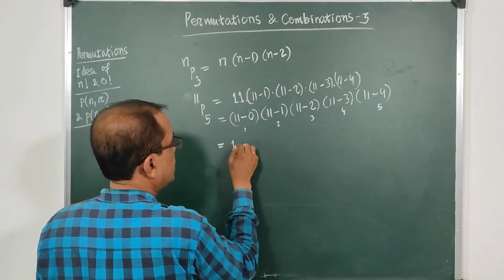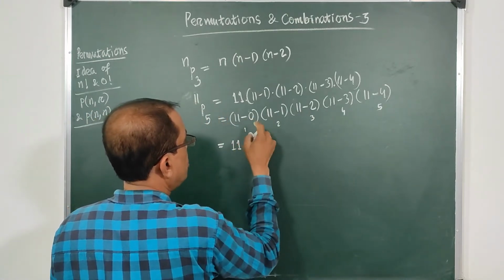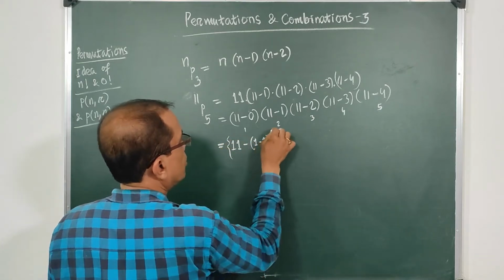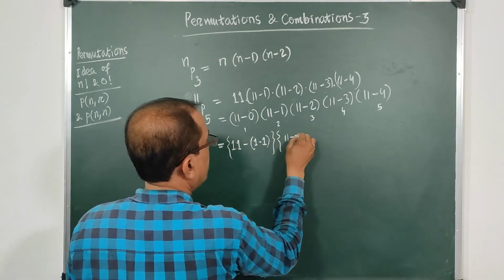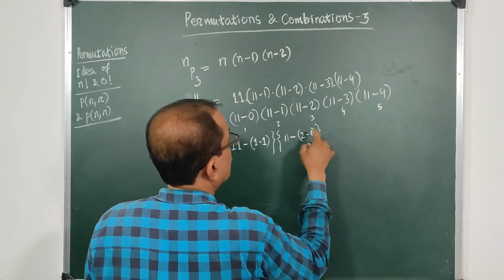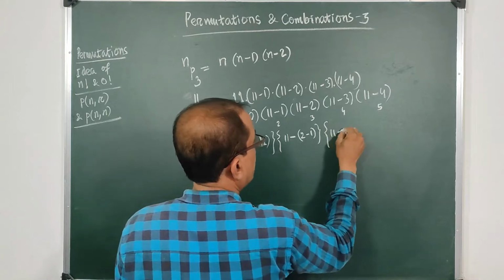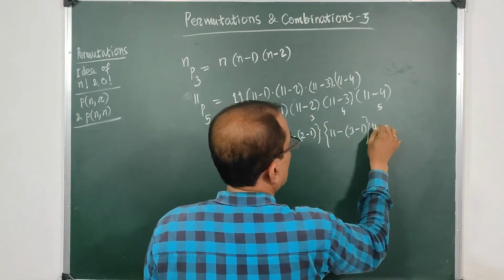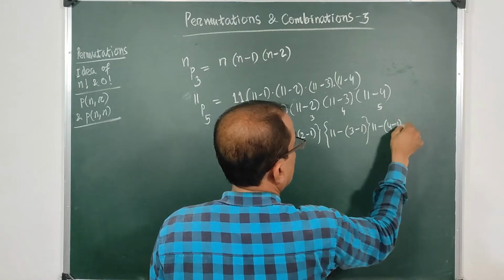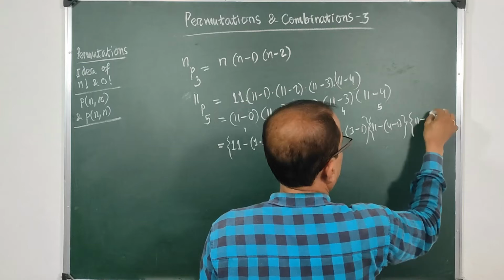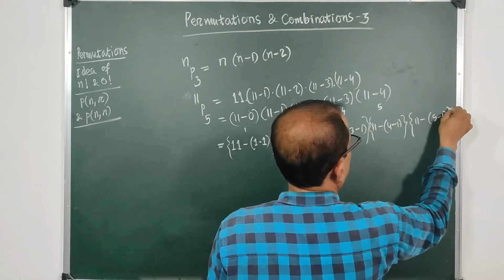So I write them as 11 minus 1 minus 1 for the first. The second one, 11 minus 2 minus 1. Third, 11 minus 3 minus 1. Fourth, 11 minus 4 minus 1. And fifth, 11 minus 5 minus 1.